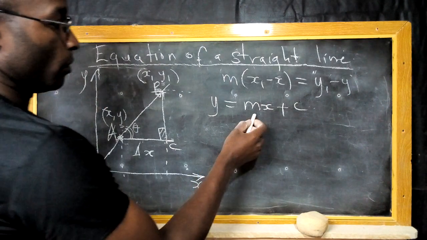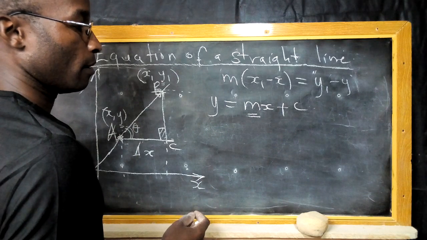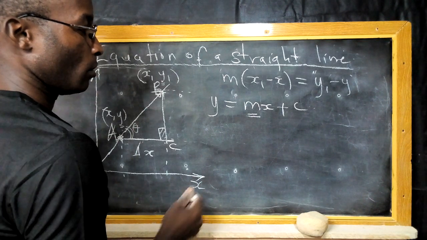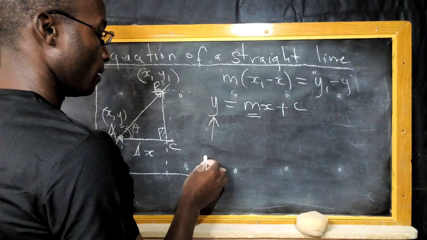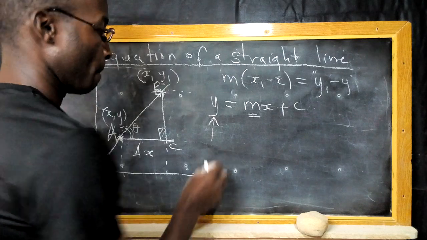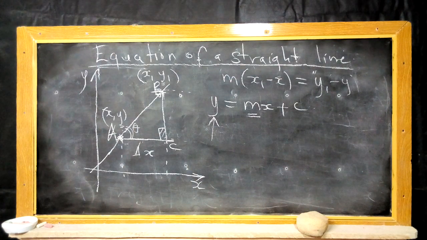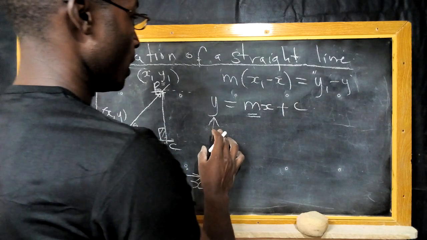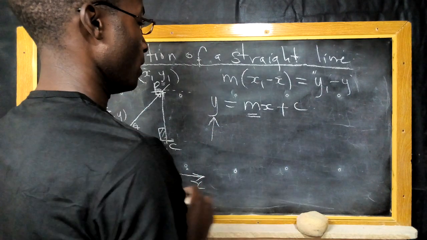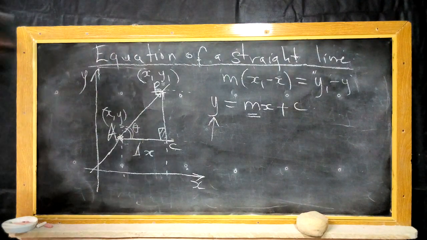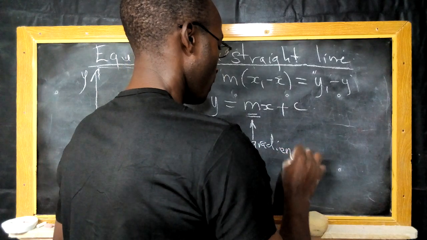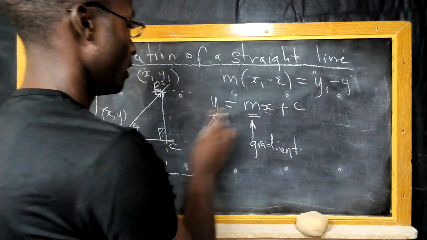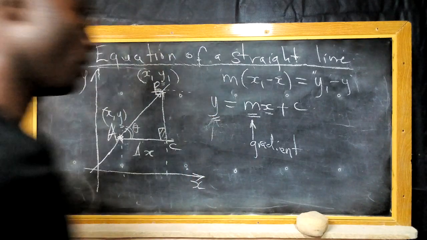whereby we talked about the gradient of the slope and we defined it as change in y over change in x. So for this case, the expression y is equals mx plus c represents the equation of a straight line, whereby this m, as I've said, is the gradient, and x and y denote sets of points of a coordinate.